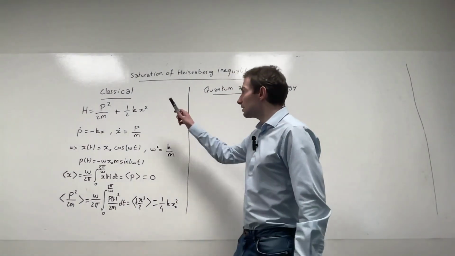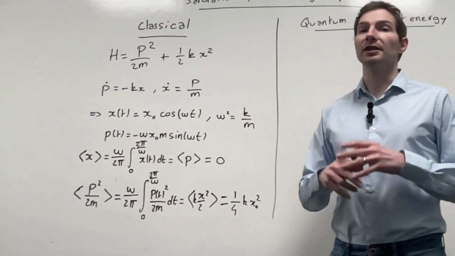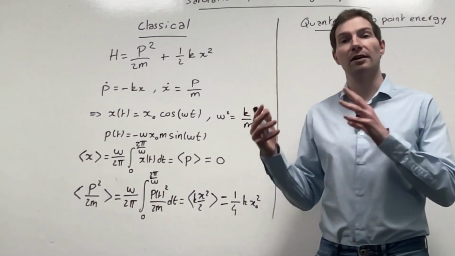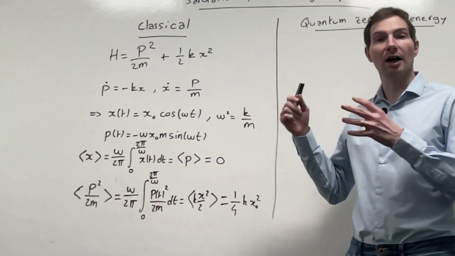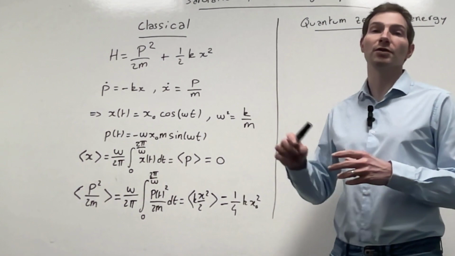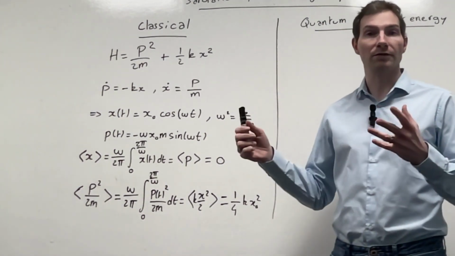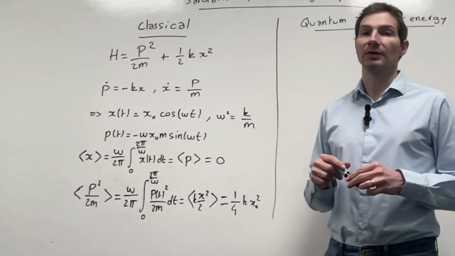Right, so on this side of the board, I'm summarizing the basic stuff that people learn in their high school course, let's say in mechanics and harmonic oscillator, but also at more advanced levels, so probably first or second year university level as well.